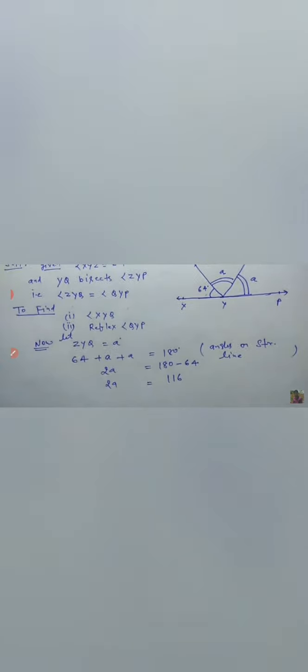So 2A is equal to 180 minus 64, that means 116 degree. So A is equal to 58 degree. Okay. Now we know the value of A, which means angle ZYQ is 58, and angle QYP is also 58.